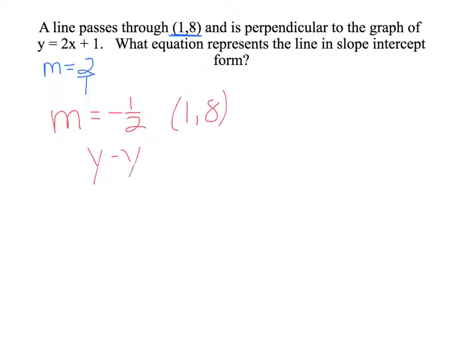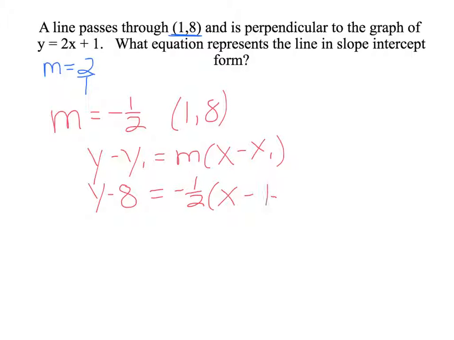Use point-slope form. y minus y1 equals m times (x minus x1). y minus our y value, which is 8, equals our new slope, which is -1/2, times (x minus our x value, which is 1). Okay, write it in slope-intercept form. So we have y minus 8, then we have -1/2 times (x minus 1).